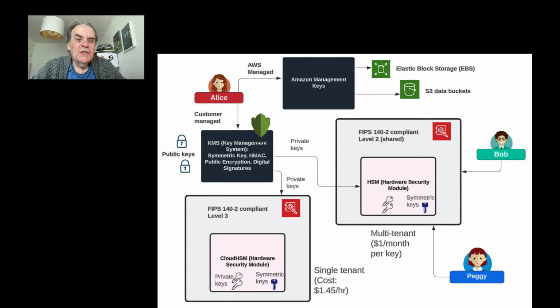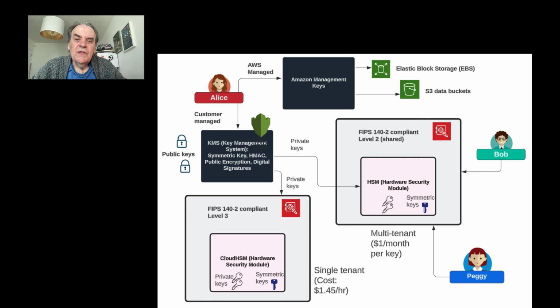KMS uses hardware security modules, HSMs, with FIPS 140-2, and which cannot be accessed by AWS employees or any other customer. Keys should never appear in an AWS disk or backup and only exist in the memory of the HSM.